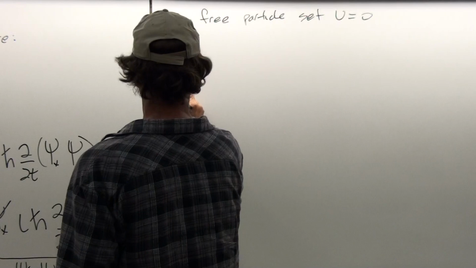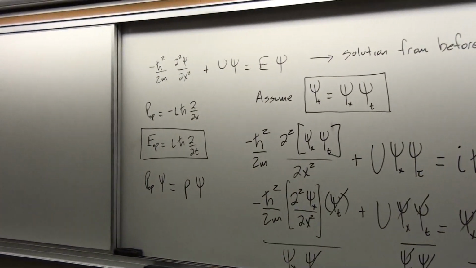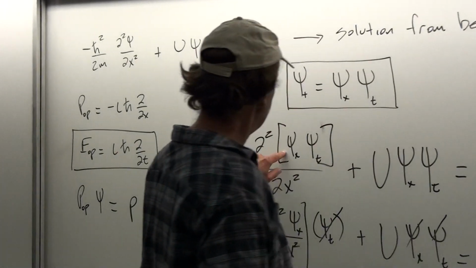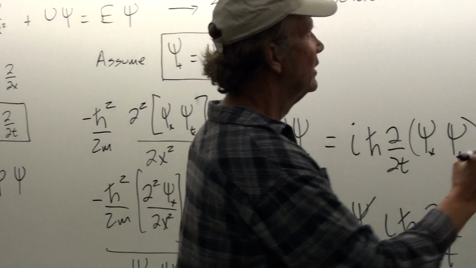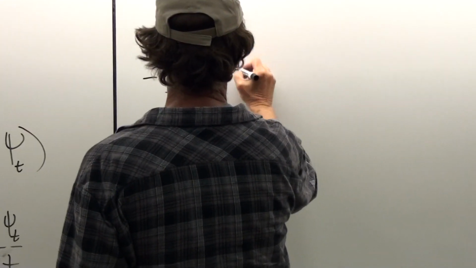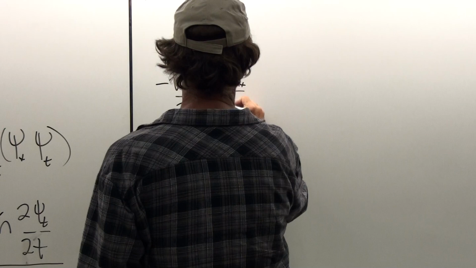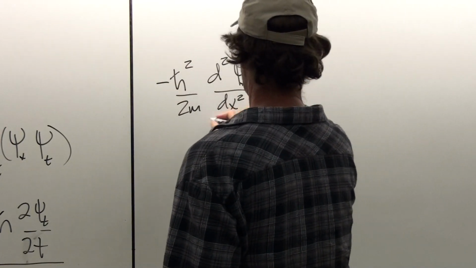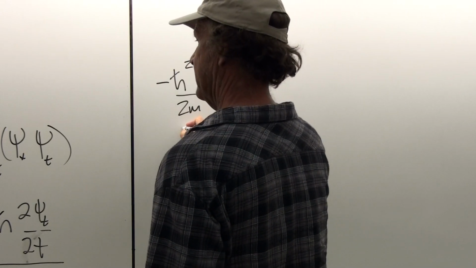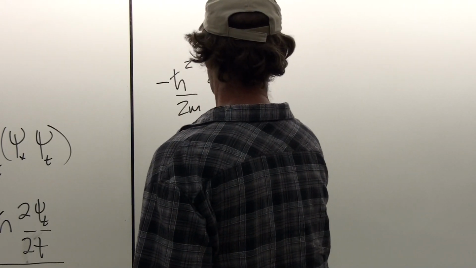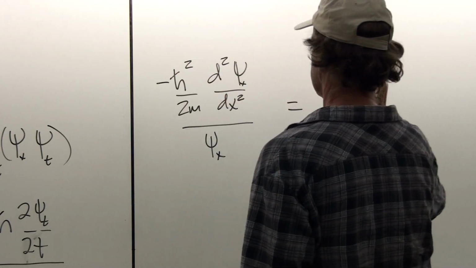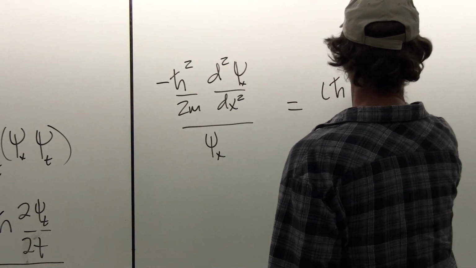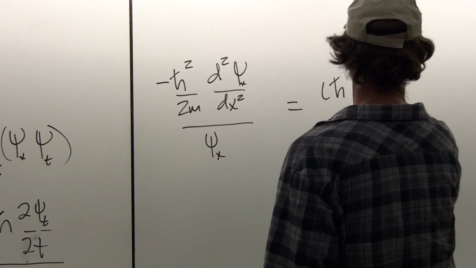So what we've got then is minus h bar squared over 2m. And now this is a total derivative because it's only acting on psi(x). So I can write this as d squared psi(x) dx squared, all divided by psi(x), is equal to i h bar times the derivative of psi(t) with respect to t.